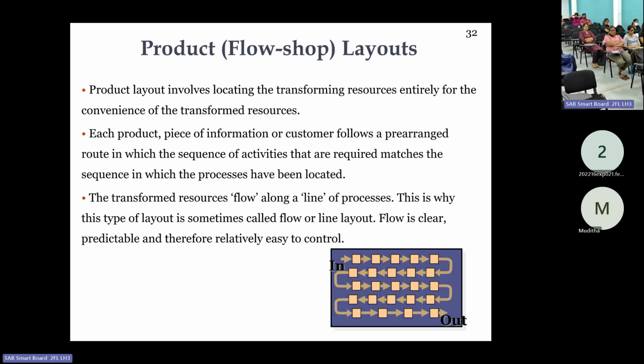That route is arranged according to the sequential steps of the production process, according to which the layout has been arranged. So there's a line flow process here. And this is why they are called flow layouts or line layouts. The flow is clear and predictable and therefore relatively easy to control.